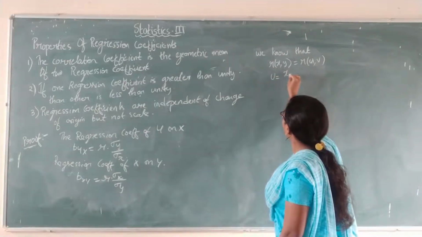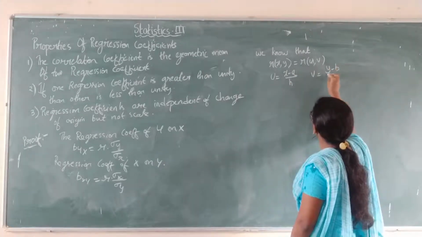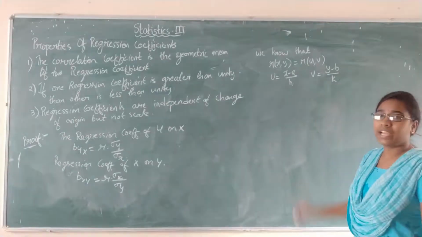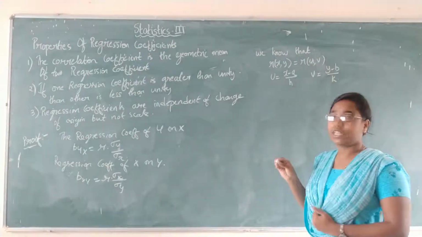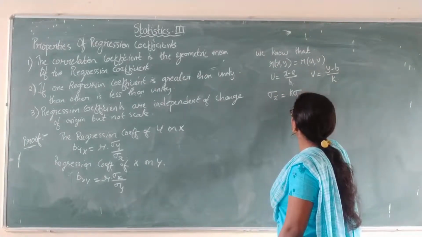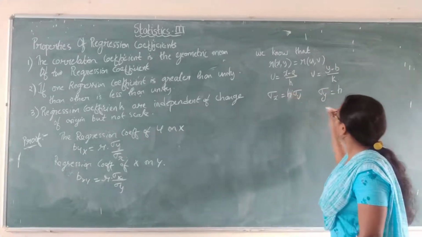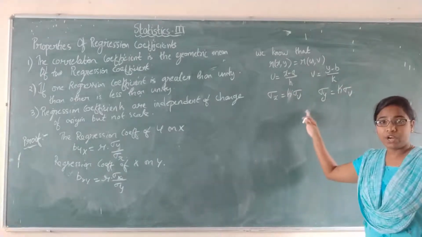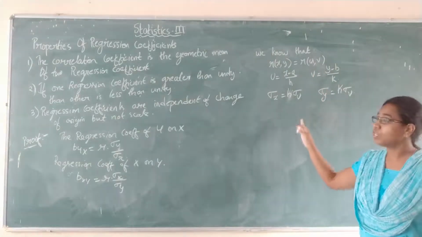U equals x minus a by h and v equals y minus b by k, where a and b are the changes in the origins and h and k are the changes in the scale. And in the correlation properties, we have proved that sigma x equals h into sigma u and sigma y equals k into sigma v. We have done all the proofs for this in our correlation coefficient, so we will be considering these properties to prove this theorem.